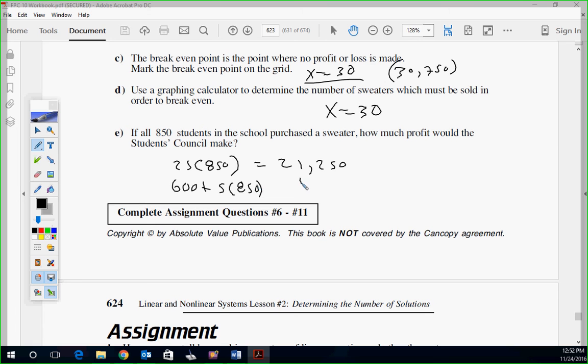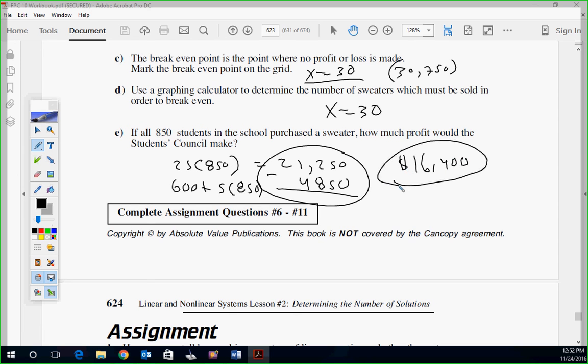Okay, so then can you subtract these now for me, Maddie? This would be our profit if everybody in the school bought a sweater. You get in the sweater business. Perfect. And that is correct. All right, that's all for lesson 2.